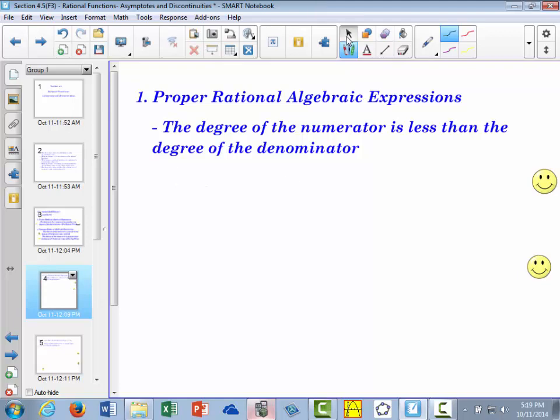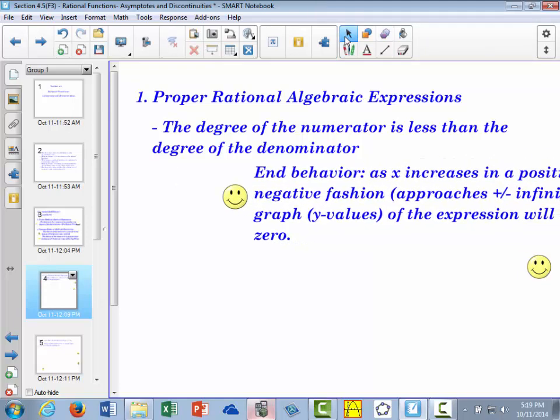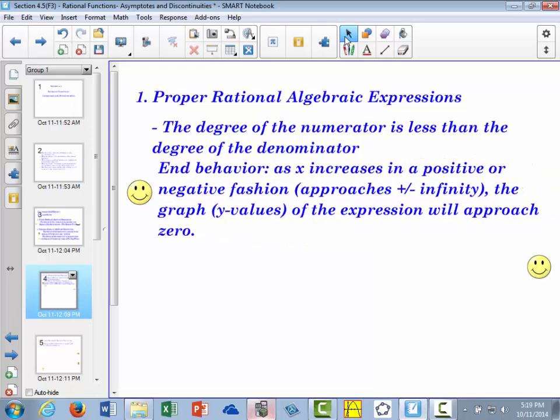So what we will say here is that our end behavior, in this case where the degree of the numerator is less than the degree of the denominator, or the bottom wins, as x increases in a positive or negative fashion, approaches plus or minus infinity, the graph of the expression will approach 0.